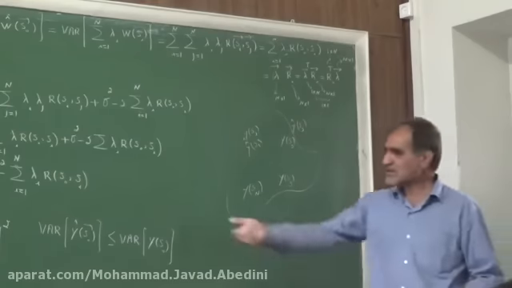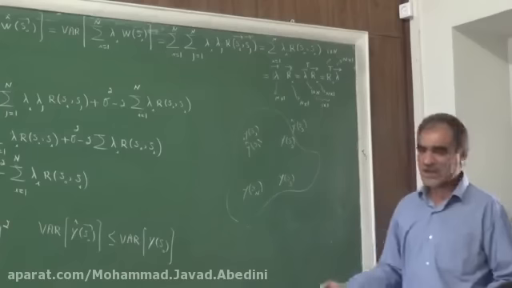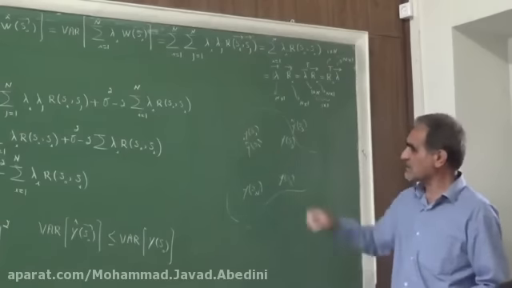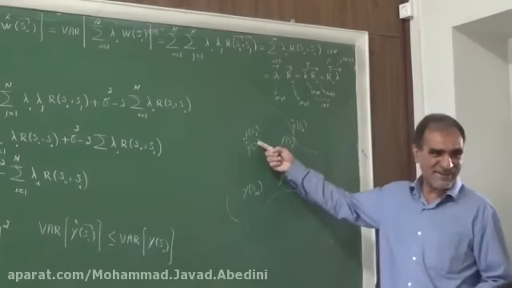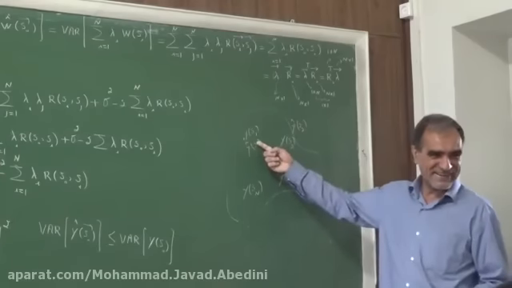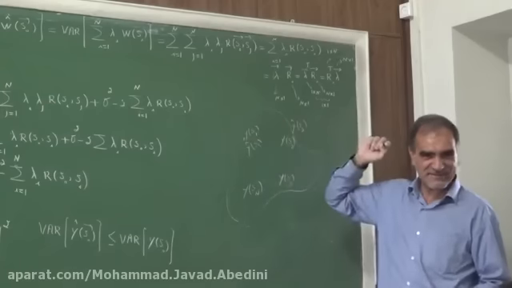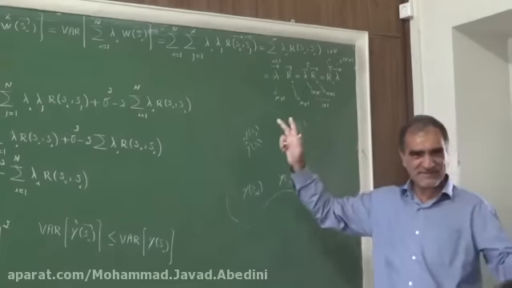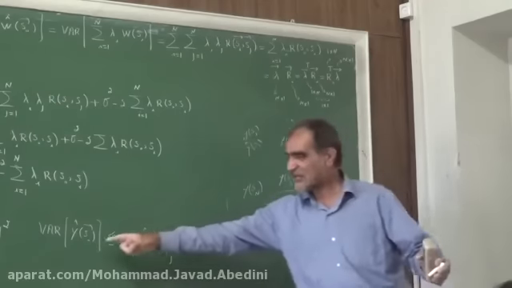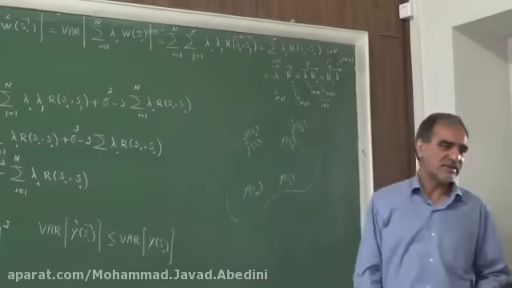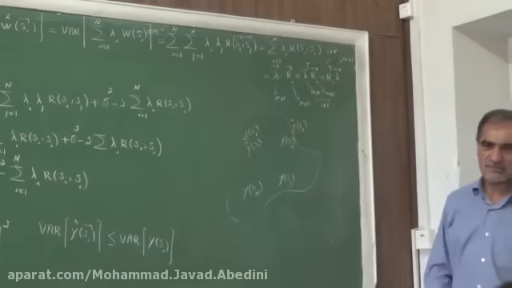This relationship implies that if you compute the variance of these orange numbers, it is going to be less than the variance of these white numbers. That's it. Variance of estimated value is less than variance of true value.